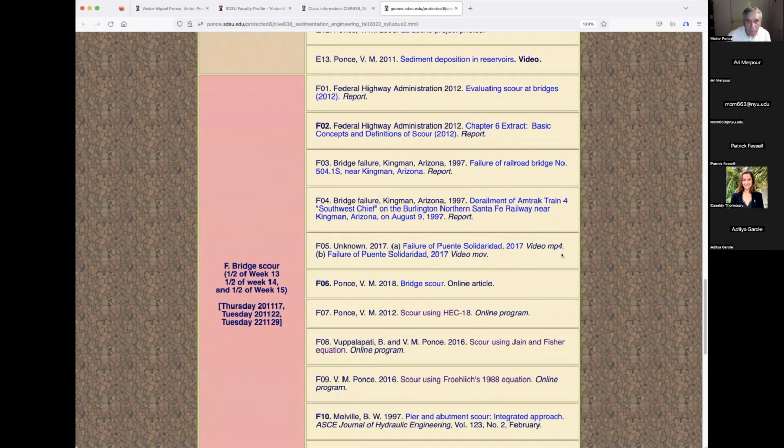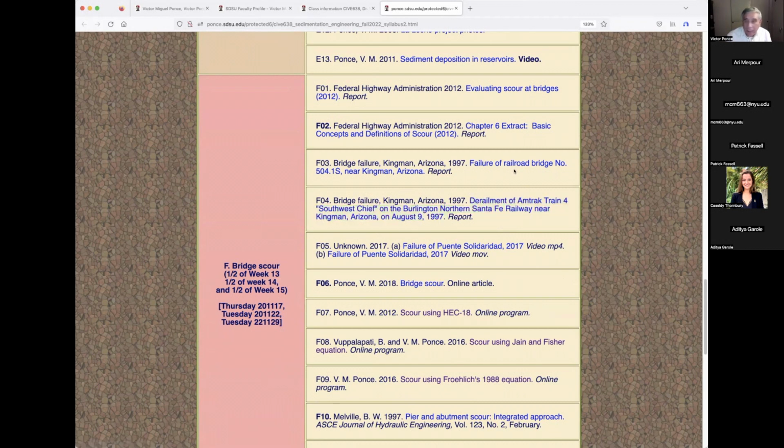We've been over here. We spent some time looking at the document that was put together by the Federal Highway Administration back in the year 2012. And I believe that's the 4th edition of the HEC or HEC 18 manual, which is a fundamental government-backed document on scour and how to work with scour.